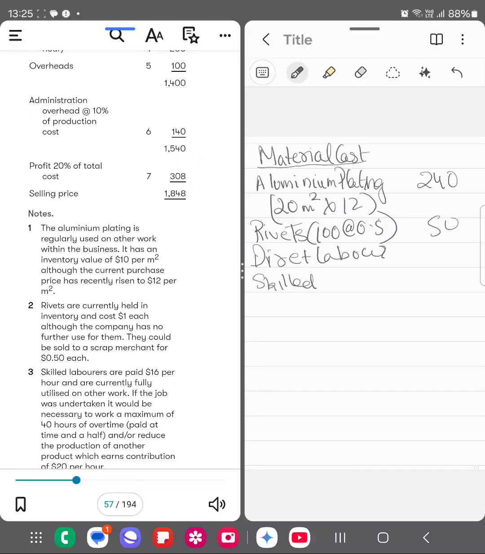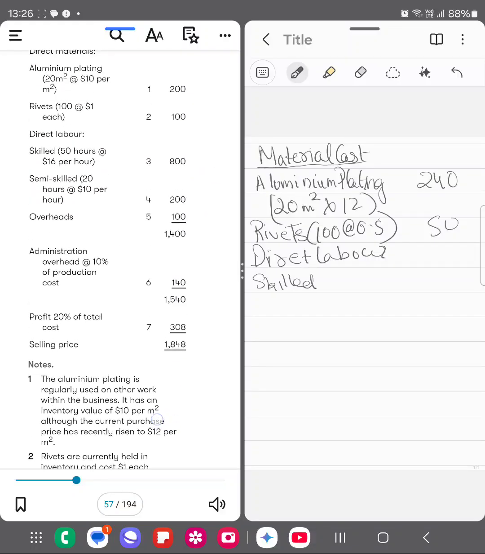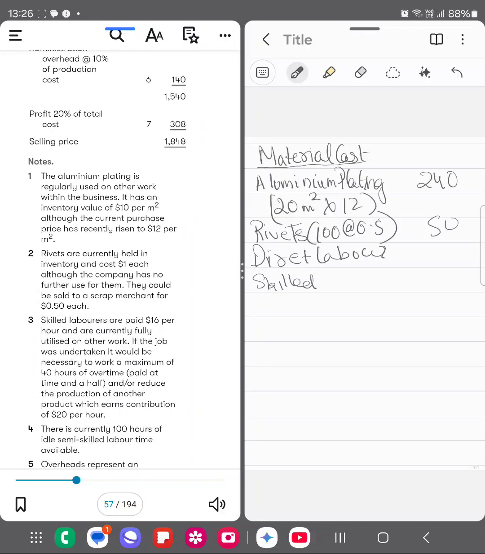As per note 3, the per hour rate is 16 only. If the job is undertaken, this labor is being utilized for some other work, and that other work is generating a contribution of 20 per hour, so we need to consider that contribution as well.